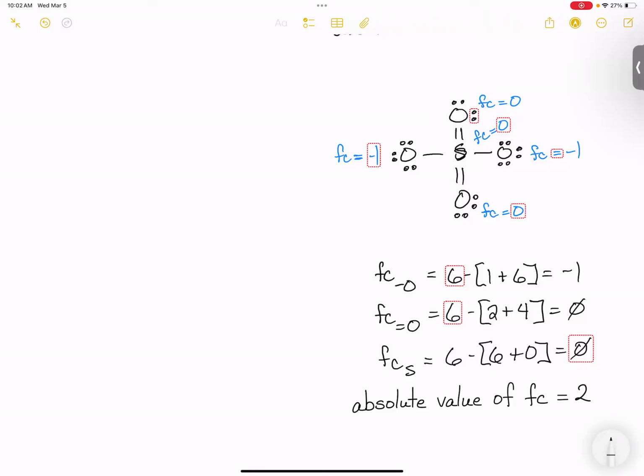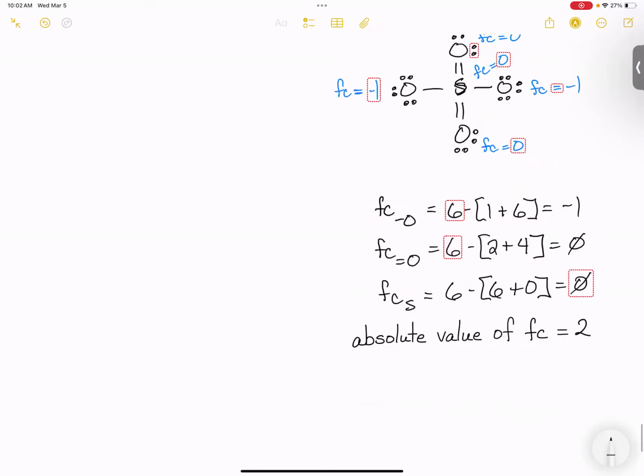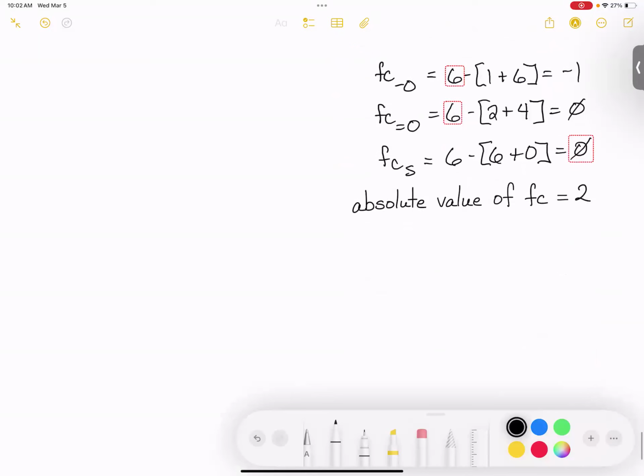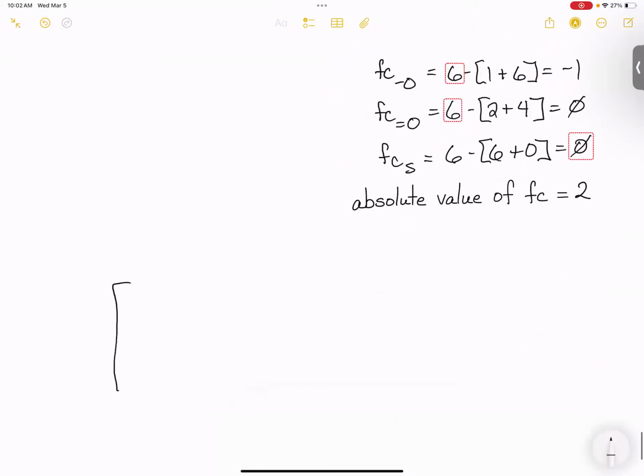So this actually works out, so one of our structures for sulfate has the sulfur single bonded to 2 oxygens on the top and bottom, and double bonded to the 2 oxygens on the top and bottom, and single bonded to the 2 oxygens on the left and right, with a -2 charge. Again, we put it in brackets because it is an ion.